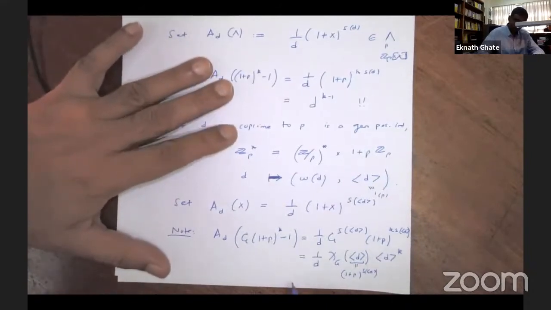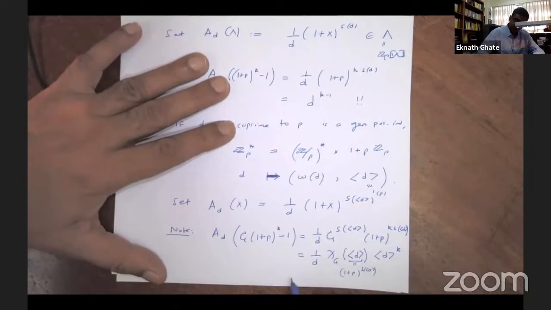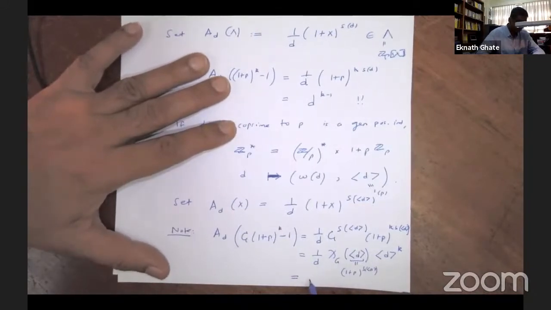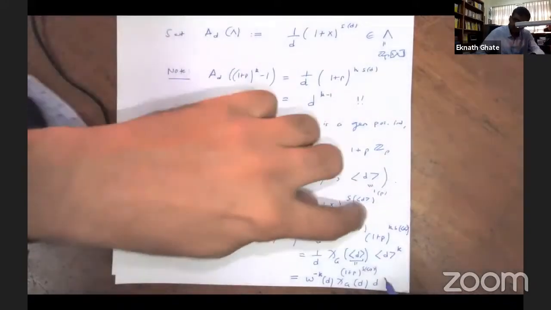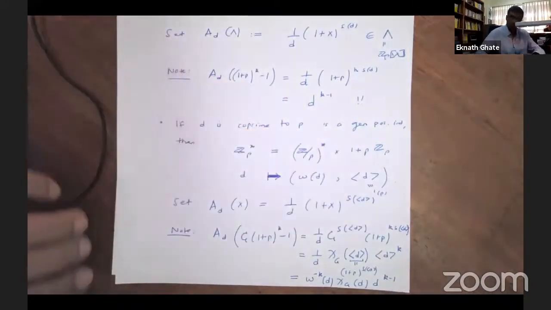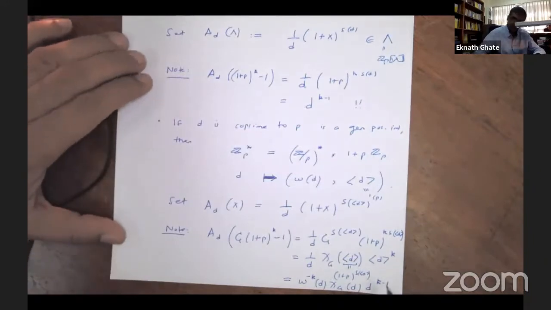And now I can write this, and unfortunately it's gone to the bottom of the page. I hope you can still see. This is extremely important. It's the end of the computation here. Omega to the minus k of d, chi zeta of d, d to the k minus 1. Okay, so I'm maybe skipping a step here.